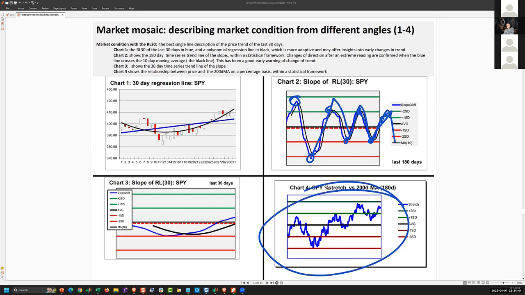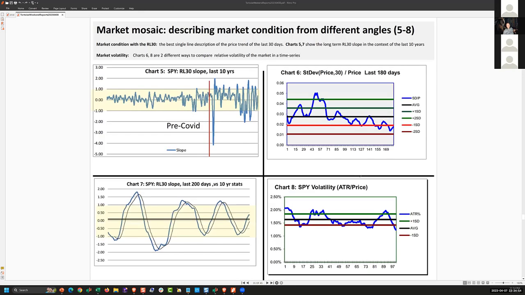This one measures the distance of price to the 200-day moving average, which helps us with our long-term market classification. So you get a sense of where the market's turning points and current conditions are. This one measures the volatility of the slope, that plus or minus one standard deviation over 10.